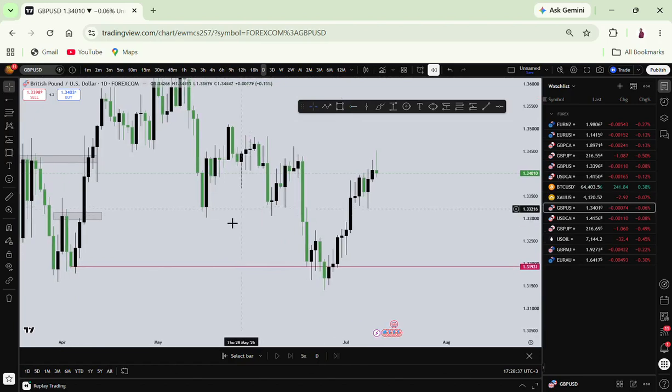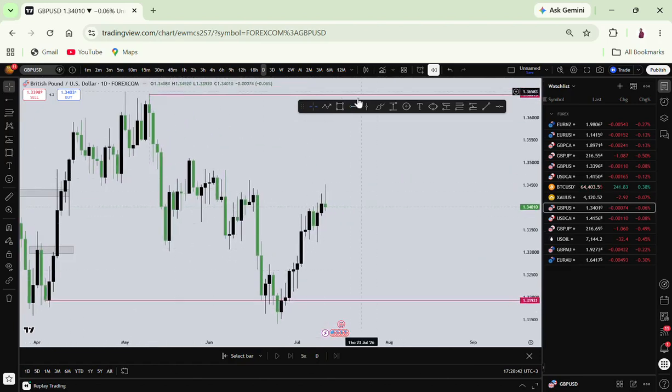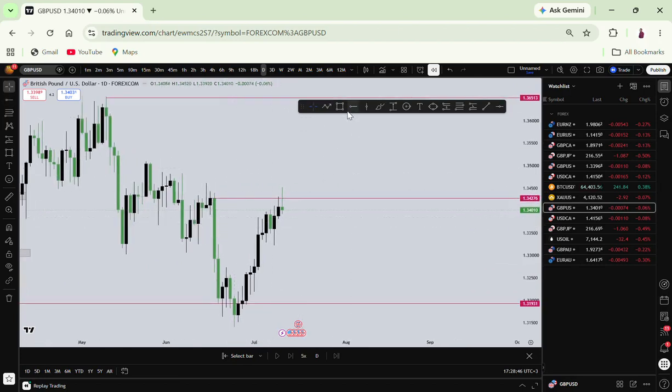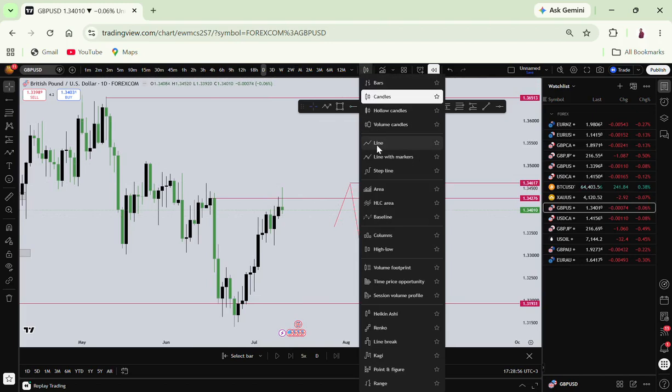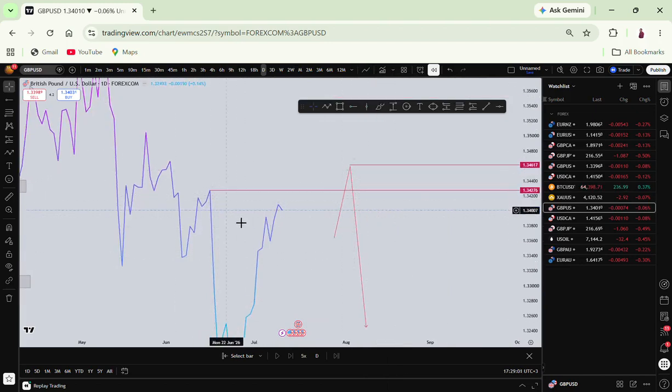If you are to enter from this kind of support level, you can always target the nearest resistance level which is there. Remember, the resistance level has to give you something like this, so you mark this area here as your resistance level.